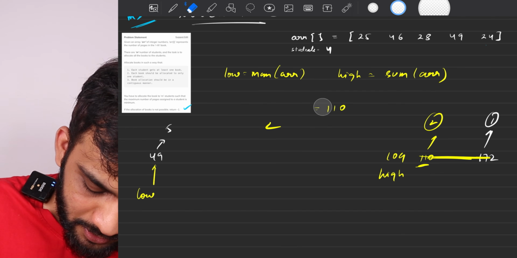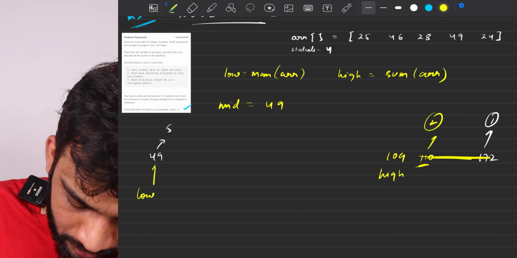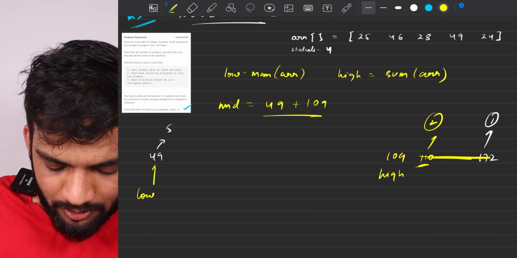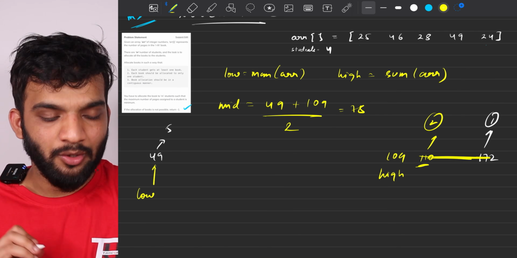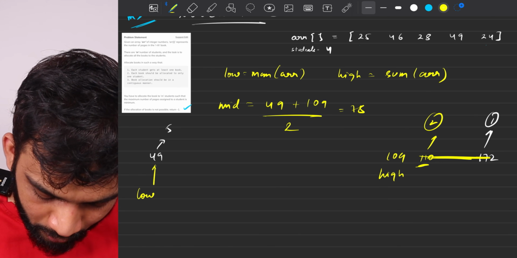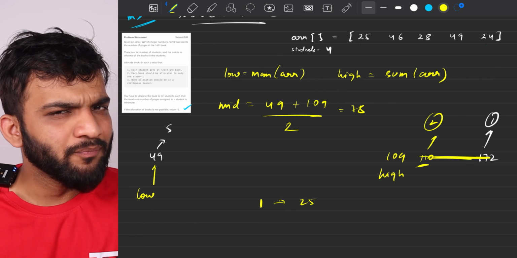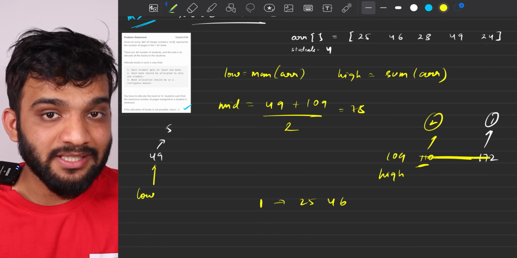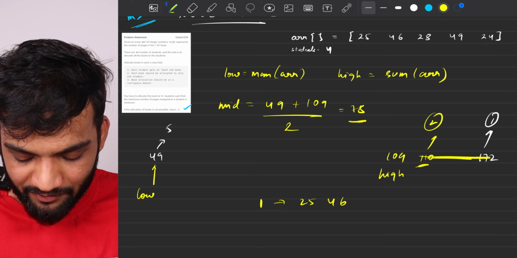Thereby, you will move the high to 109. The next mid will be 49 plus 109 by 2, so it's 78. Okay, let's try 78. Can I give 25? I can. Can I give 46? I can. And it is 71. I cannot give more because the barrier is 78.